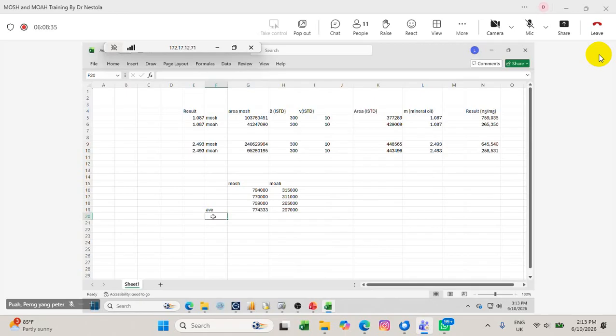MOSH, since we are not doing calibration, as you have just noticed by now, there was no calibration curve, nothing. MOSH is just based on simple calculation of an internal standard in relation to our hump. So that's what we are doing here. We have an internal standard for each chromatogram. We have a hump in each chromatogram. And what we are doing is we are taking the ratio of our areas.